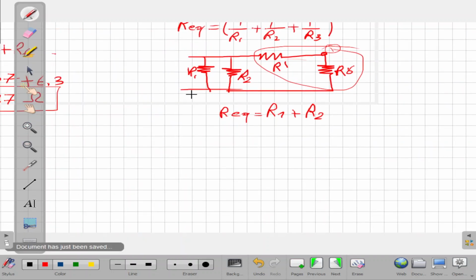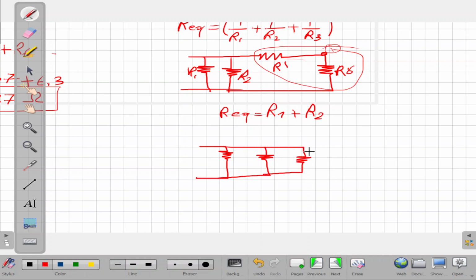Now, once again, we're going to redraw our electric circuit as follows. We have here R1, R2, and the equivalent resistance of this group of resistors, which is R double prime. It doesn't matter the position of R double prime. We can draw it like this, or even like this, horizontally or vertically.